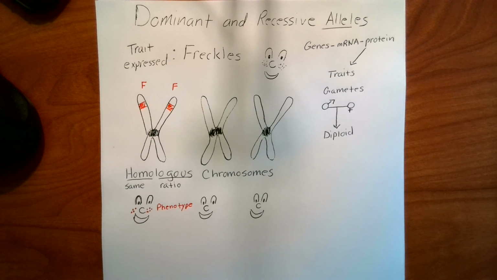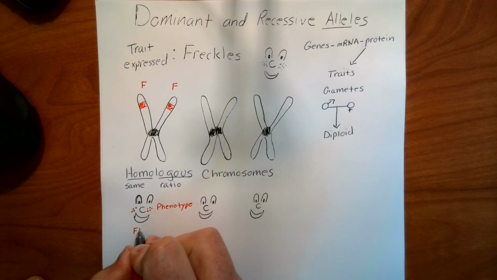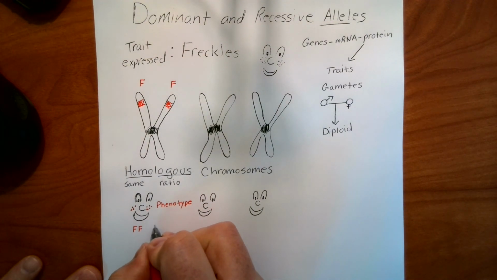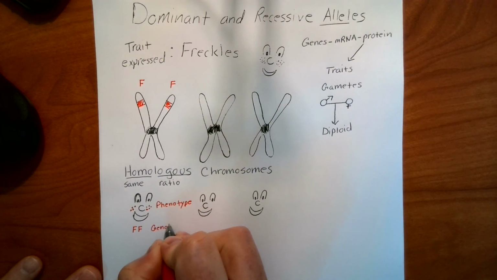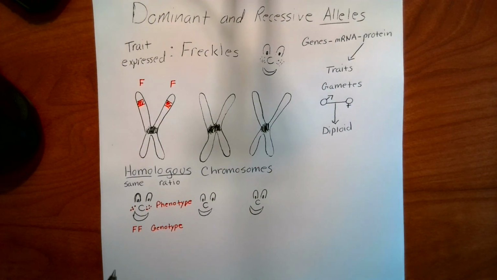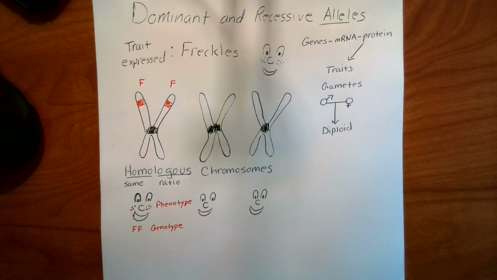The genotype, meaning how those genes are on the chromosomes, is called the genotype. The genotype here is that this person has two dominant alleles, and this is how it's expressed in the genotype. Okay, so this individual would be homozygous dominant, meaning they have the same two alleles on the homologous chromosomes.